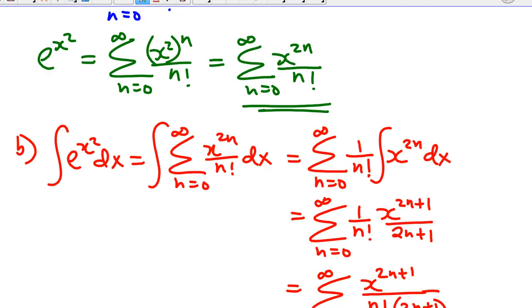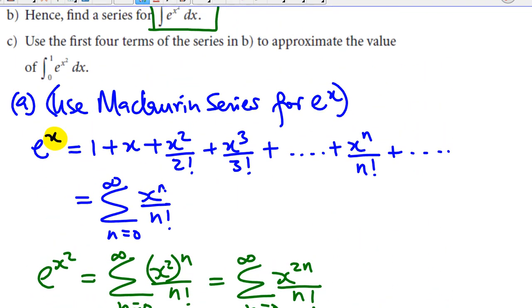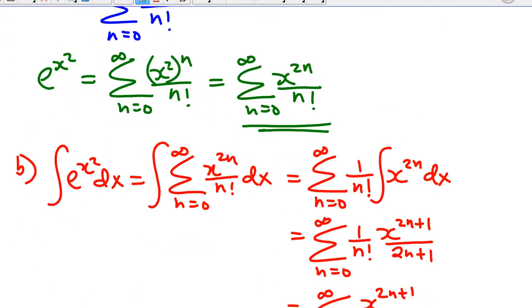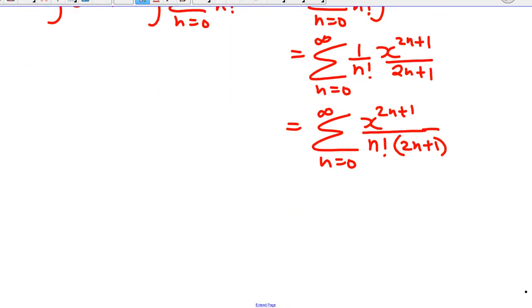So for part C, they want us to use the first 4 terms of this series to find an approximate value of this integral. So what we'll do is produce the first 4 terms of this series.